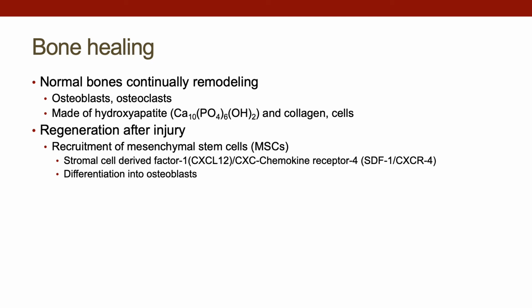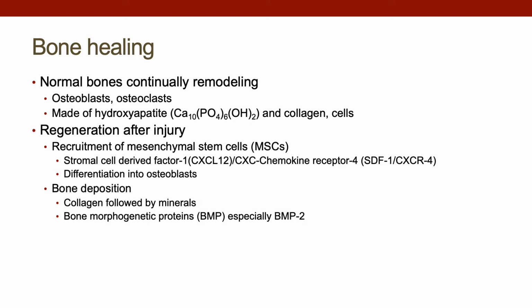So SDF1 binding to CXCR4, and they can differentiate into osteoblasts. Bone deposition occurs with collagen first, followed by the hydroxyapatite, and involves bone morphogenetic proteins, BMPs, especially BMP2. And the bone needs to be vascularized as well, which involves this vascular endothelial growth factor.